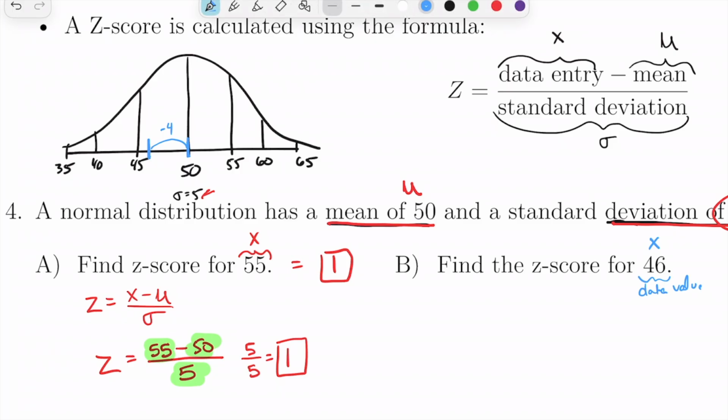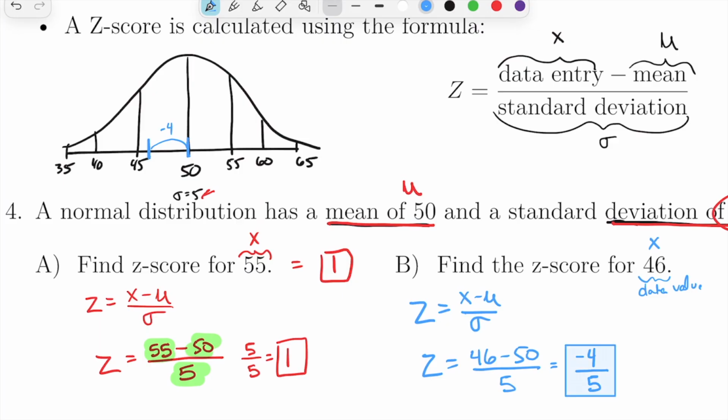Okay, let's do the formula, because you should be comfortable with it. z equals x minus mu over sigma. We'll say the data point is 46, the mean is 50, and the standard deviation is 5. 46 minus 50 is -4, so you can see we went down 4 units, and the size of a standard deviation is 5. So we get z equals -4/5, or 4/5 of a standard deviation below the mean.